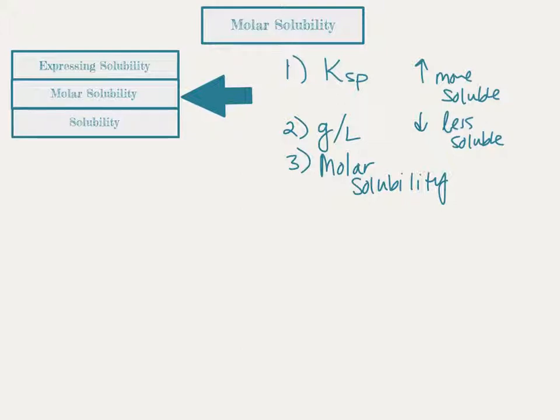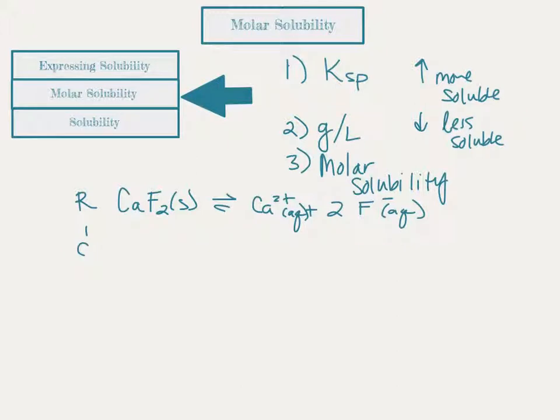Let's stick with the calcium fluoride example from the previous video. In this reaction, don't forget that we have 2 fluoride ions forming for every 1 calcium fluoride. Okay, now that I've got the reaction ready, I feel a RICE table coming on. Originally, when this solid salt is put into water, we're not going to have any of our original reactants.